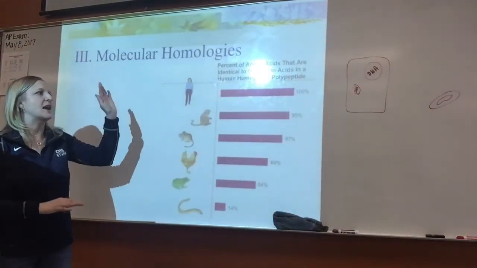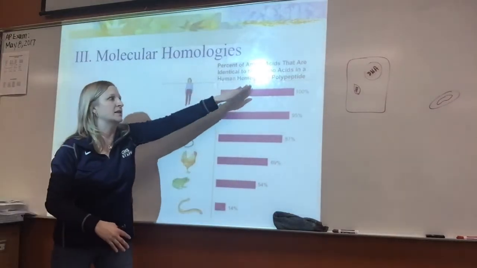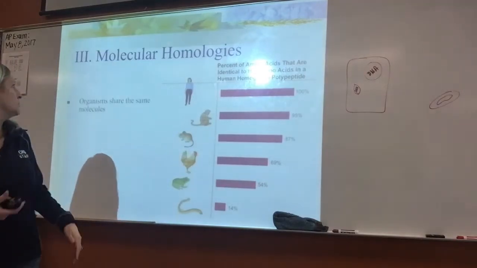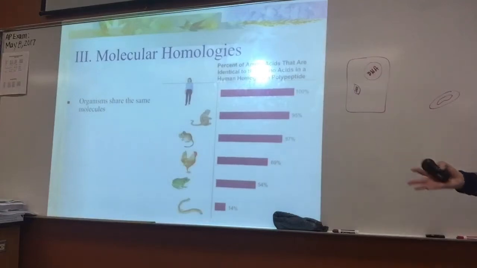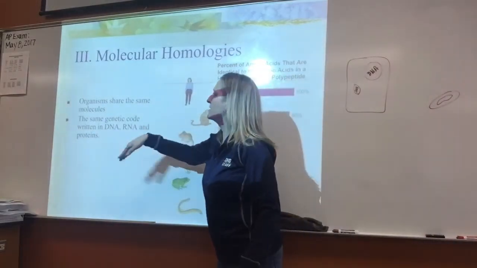And it's interesting that when you look at a molecule and then look at the DNA coding for, let's say, hemoglobin, we see the same pattern. So organisms share the same molecules, hemoglobin being one of those. The same genetic code is written in DNA, RNA, and protein.